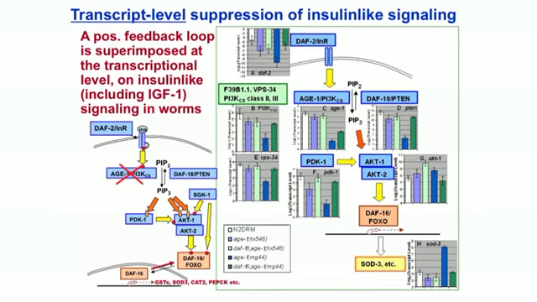But if that's knocked out, then you don't make PIP3, and the PIP3 is then not able to activate PDK1 or AKT, which are more downstream parts of a kinase cascade responsible for inactivating this transcription factor, DAF16 FOXO.